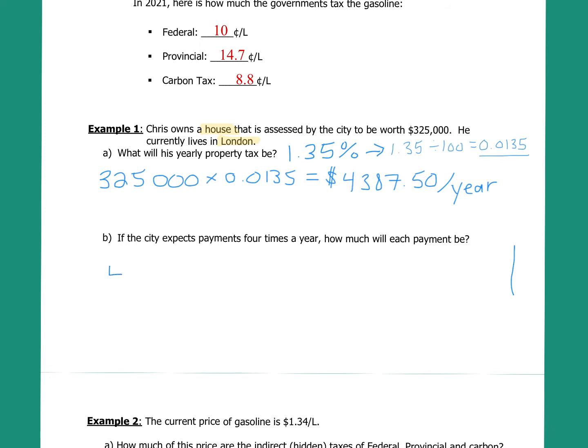We take our 4,387.50 and divide that by 4 because it's happening 4 times a year, and that gives us $1,096.88. That'll be per payment.